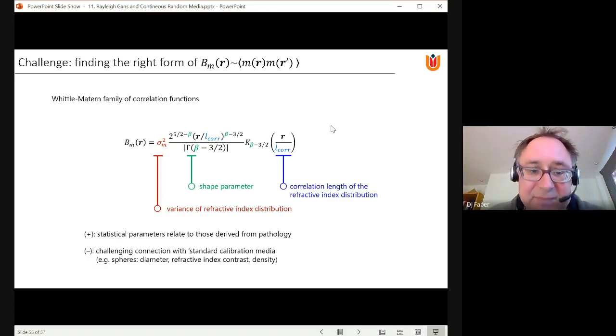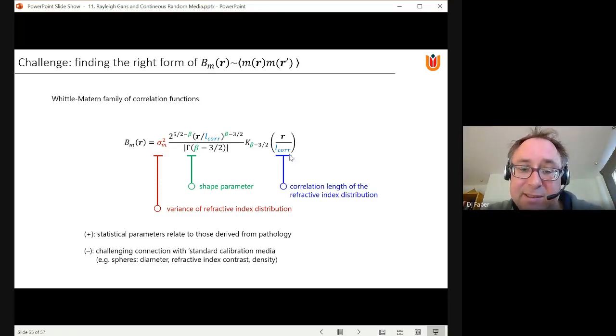The good thing about doing this, and that's why we still think it's promising, is that whatever you can get statistically from pathology is something that you can put in this equation. What I mean is that if you have a pathology image, you can do just an image cross correlation and see at what length scale the image changes.